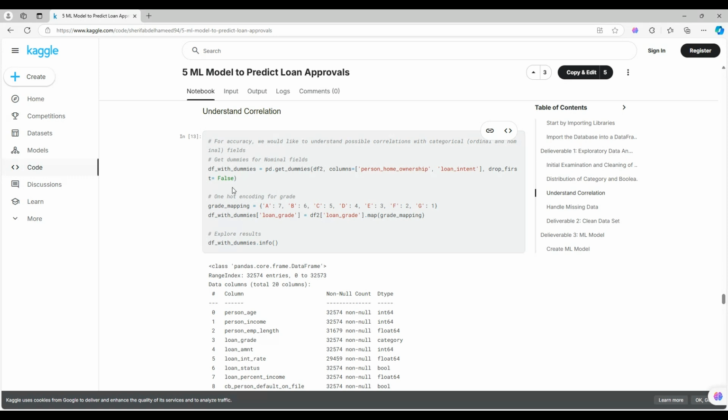The one-hot encoding is basically the same for loan grade, but the only difference is why we did this A7, B6, C5, and so forth: there is a meaning to the arrangement of the data. It's an ordinal variable. It's categorical, but it's ordinal, not nominal, meaning that there is a certain order implied. A is higher than B, B is higher than C, and so on and so forth.